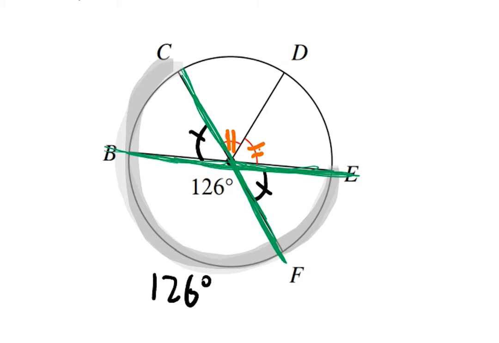I'll mark them with 2. And they make vertical angles with that 126 degrees. So this whole arc CE would be 126 degrees, which means each piece would be half of that, which is 63 degrees.